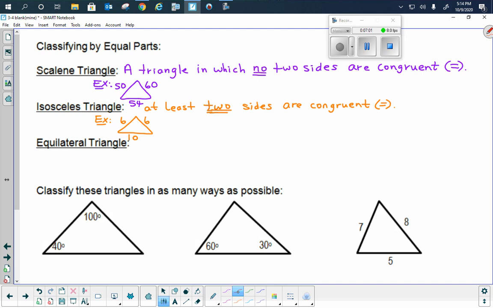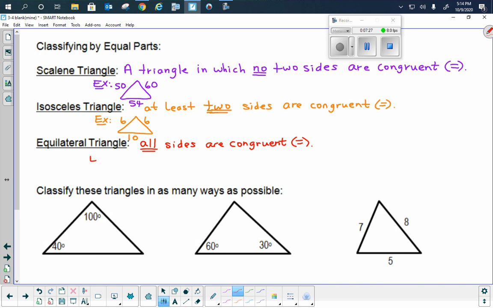And then next, let's go with equilateral triangle. In an equilateral, just like the word says, equi for equal, all sides are congruent, or equal.